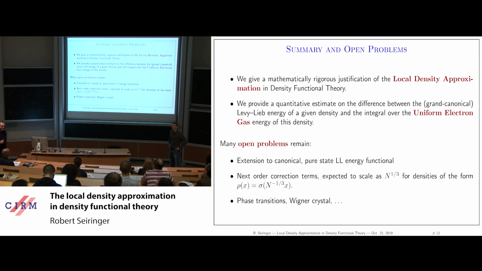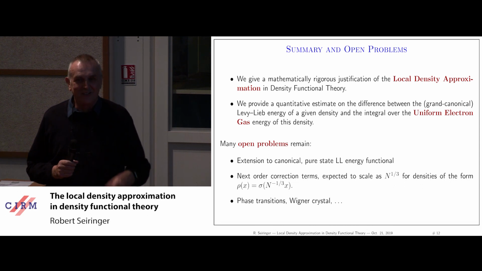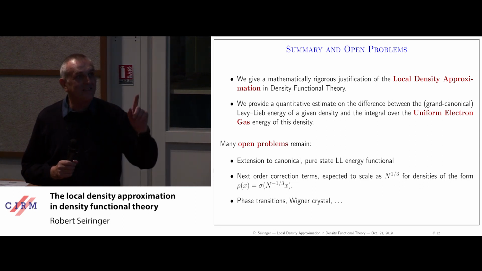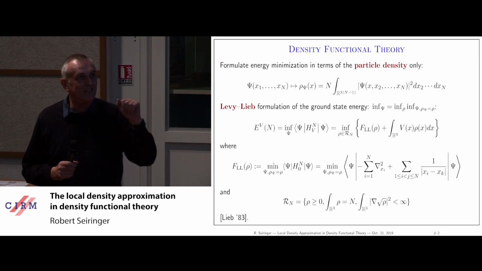No questions. Well, maybe I try the same question that I asked before already. In your definition of the Levy-Lieb functional, you have this gradient of rho already. And in your error term, as a hypothesis, it doesn't occur explicitly, right?